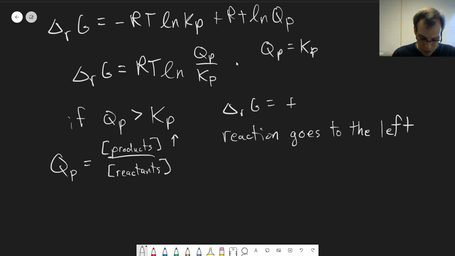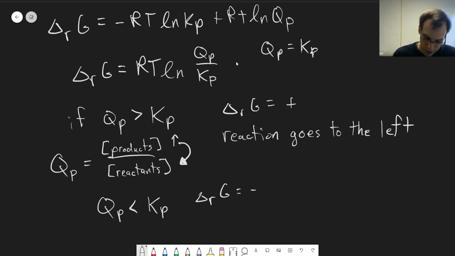So we have to transfer some of our products to reactants to get the Qp value to be equal to Kp, which is what we want at equilibrium, which means that our reaction proceeds to the left. And if we have the opposite, if Qp is less than Kp, then delta G will be negative for our reaction, and the reaction will go to the right.